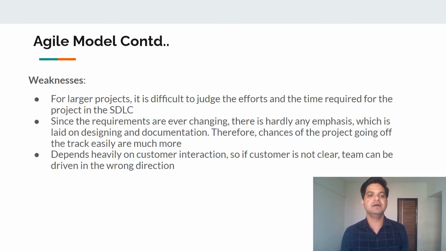the weaknesses of the agile model, where for a larger project it is a bit difficult to understand all of them and run through the agile model structure.